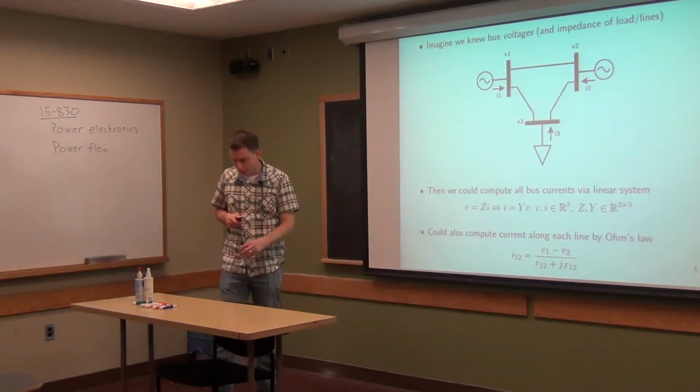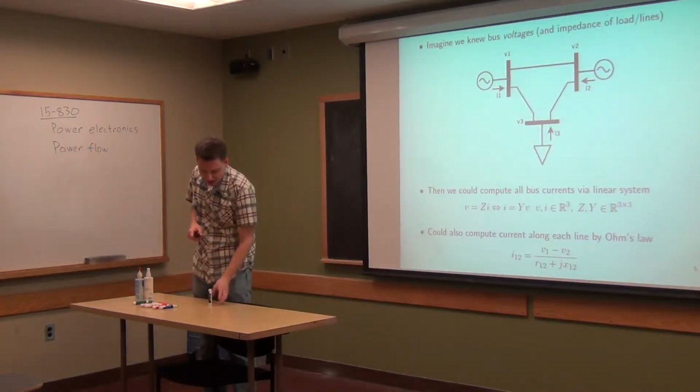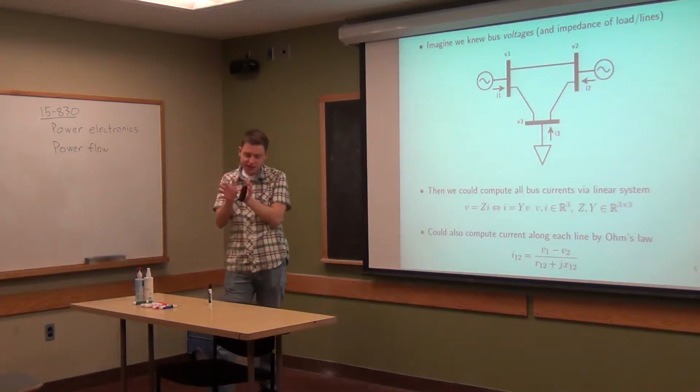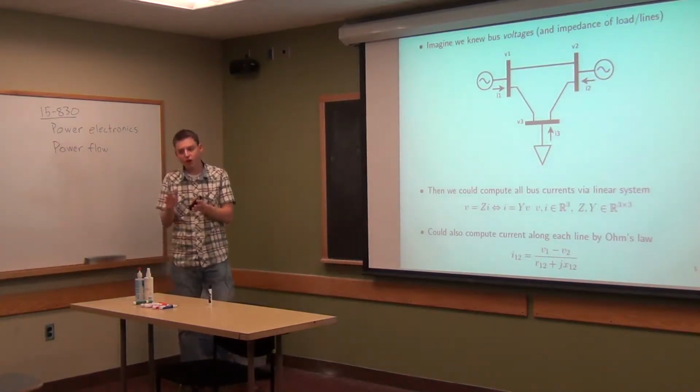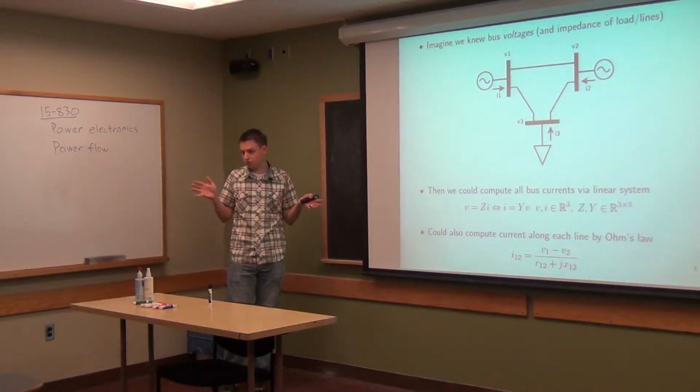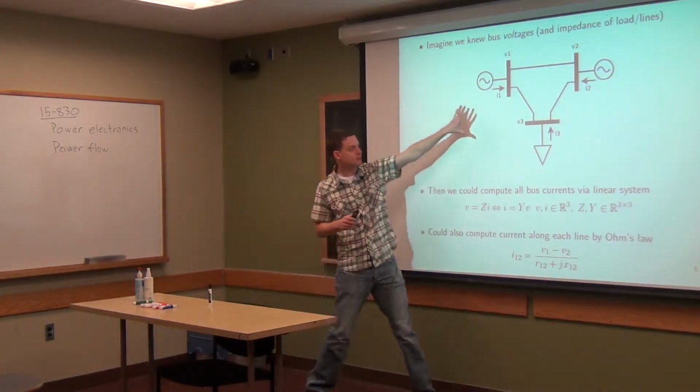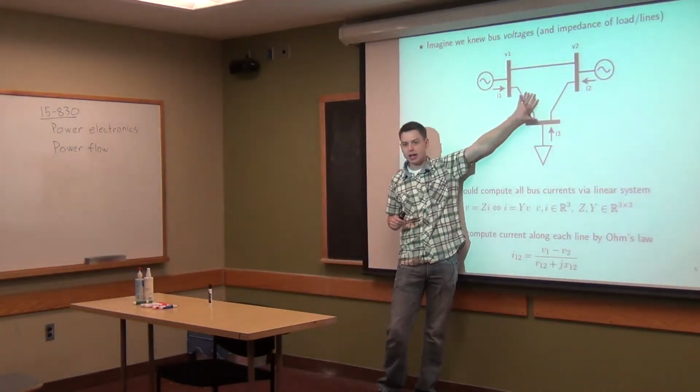So the point I made before is that if we think of this circuit in a linear sense, things really are no different than they were before. It's a different way of drawing it, but it's the exact same type of problem.